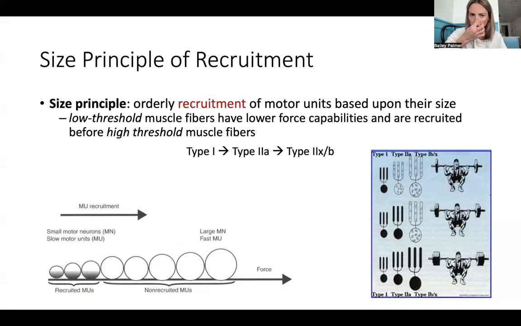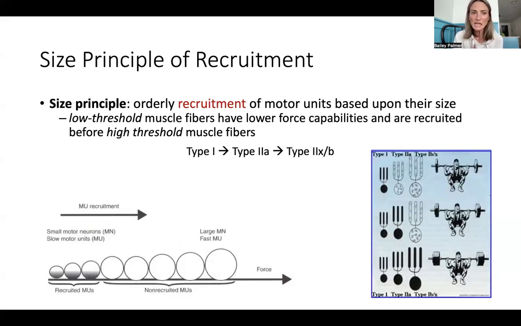But let's refer to the Henneman size principle in regards to threshold level. If we're talking about threshold, we're talking about millivolts. We're talking about how much force is needed to activate these different threshold motor units. Low threshold fibers have lower force capabilities and are recruited before those high threshold motor units.